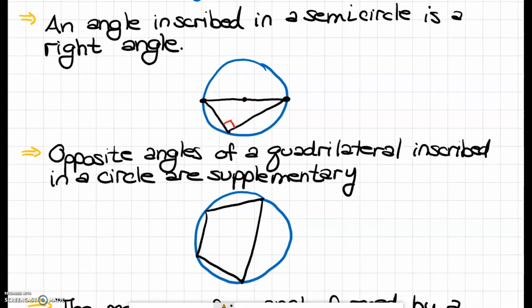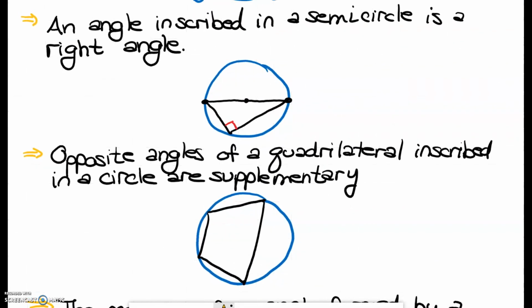All right, so how about this next one? An angle inscribed in a semicircle is a right angle. Well, let's prove that that's true. The angle that's inscribed in the circle is this angle right here, and it is marked as a right angle. Let's call it ABC.